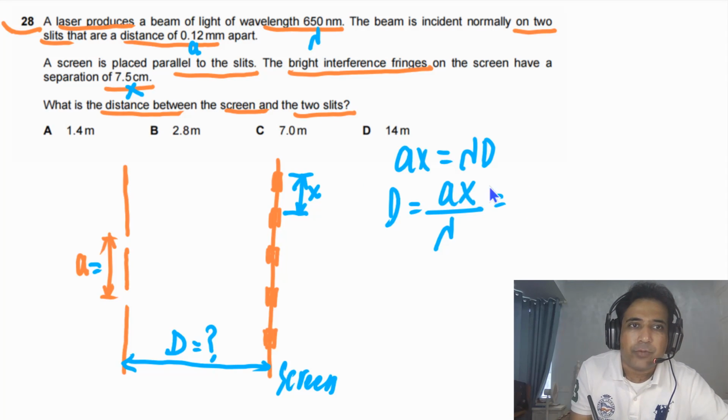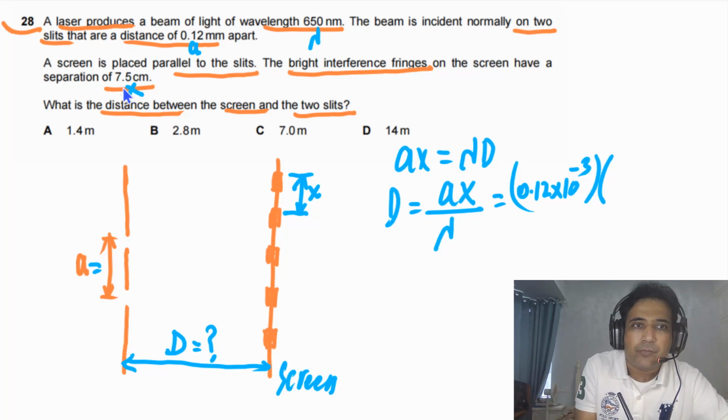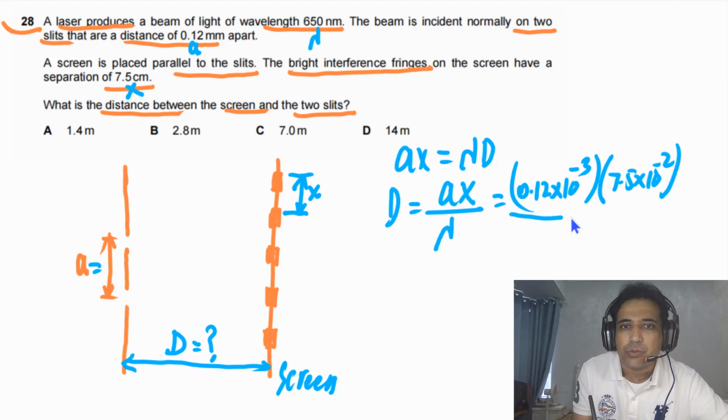So we have the value of a, that is 0.12 times 10 to minus 3 because this is in millimeters, and we have the value of X, that is 7.5 times 10 to minus 2. We have to convert into meters, and here we have 650 nanometers, 10 to minus 9.